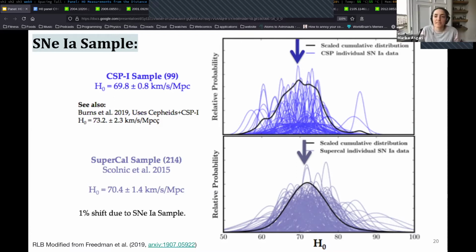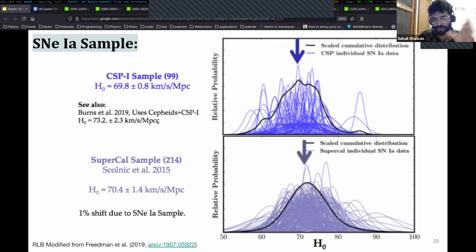Okay, and Suhail? So I heard two points. The first, which I think is very cool, which both of you touched upon, is that CSP is inherently a targeted follow-up program, and therefore your mass distribution is probably by definition not going to follow the underlying host galaxy mass distribution, whereas SuperCal is all sorts of surveys like CFA, CSP, and untargeted ones as well.